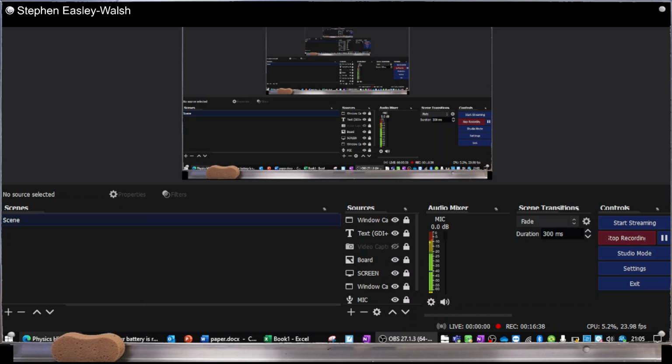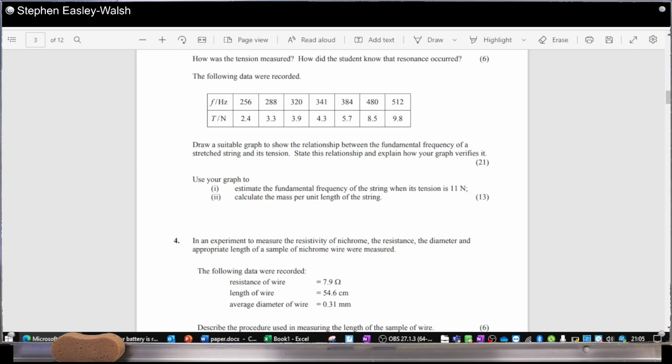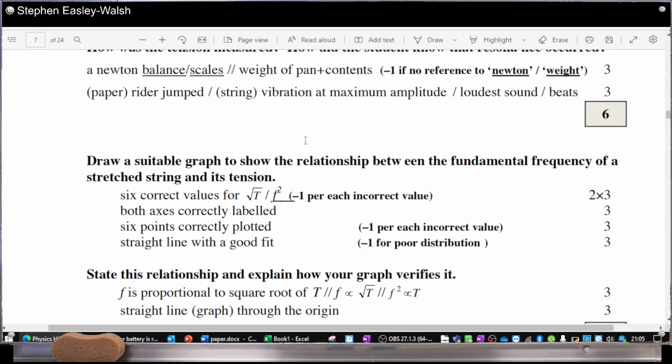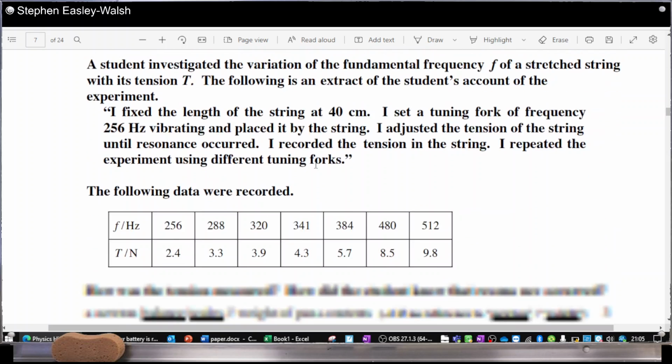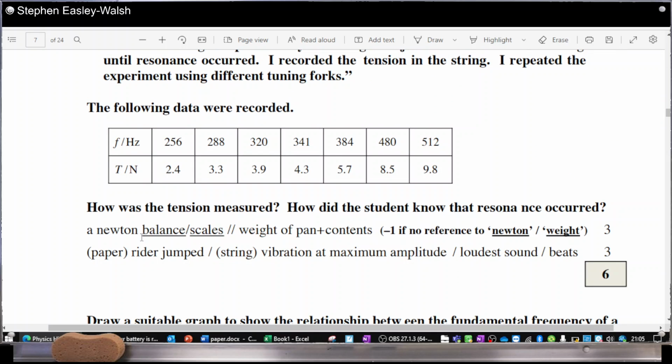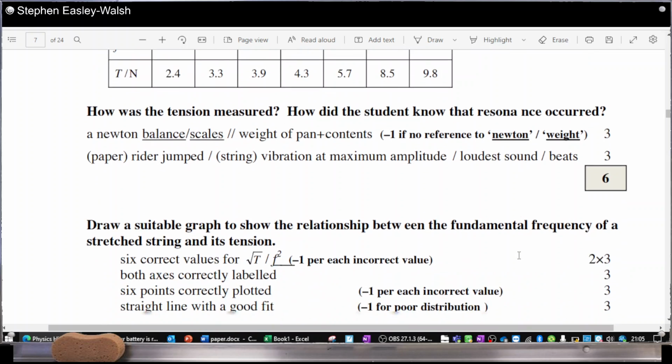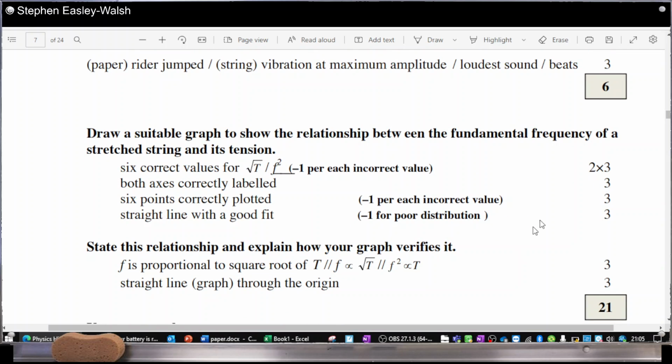Let's have a check of the answers now. So, if I got enough battery power, let's see. Just about, let's be quick. So, 3 marks for Newton balance, 3 marks for loudest sound, that's the 6 marks. 6 marks for the points correct, 3 marks for the labels, 3 marks for the points being plotted correctly.